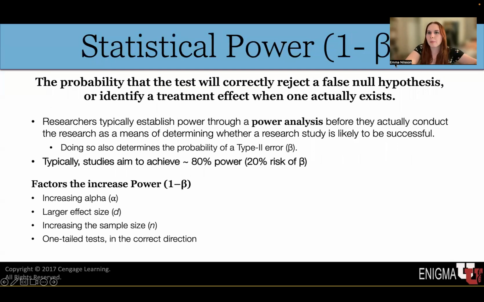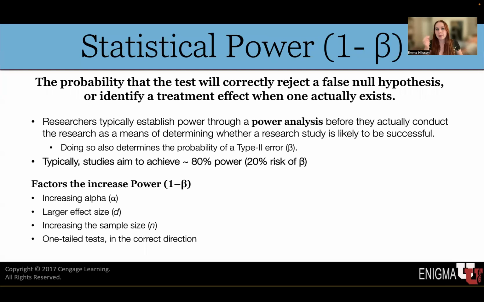The last thing we're going to talk about is it's important to state the statistical power of your experiment. Power, we've talked about before, 1 minus beta, is the probability that the test will correctly reject a false null hypothesis, or in other words, the probability that a test will correctly identify a treatment effect when one actually exists.